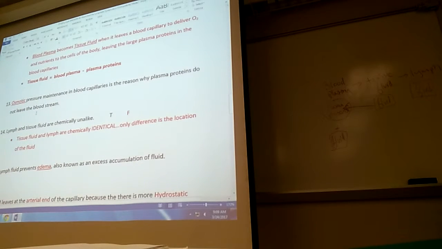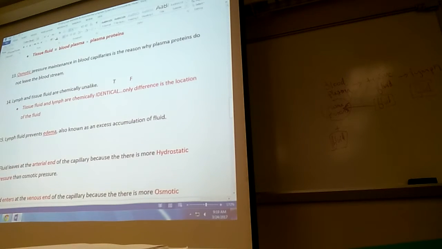And that renal failure thing? Yeah. Now we're back to pressure. So osmotic pressure maintenance in blood capillaries is the reason why plasma proteins do not leave the bloodstream.